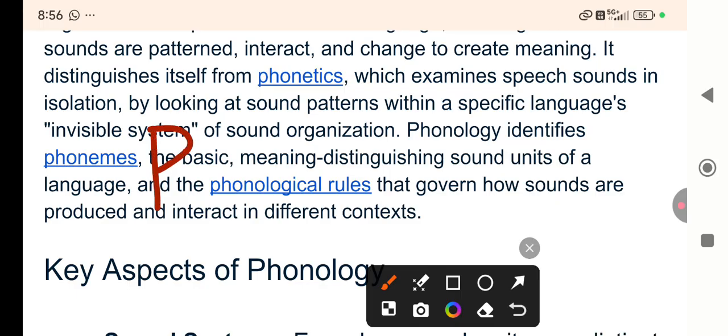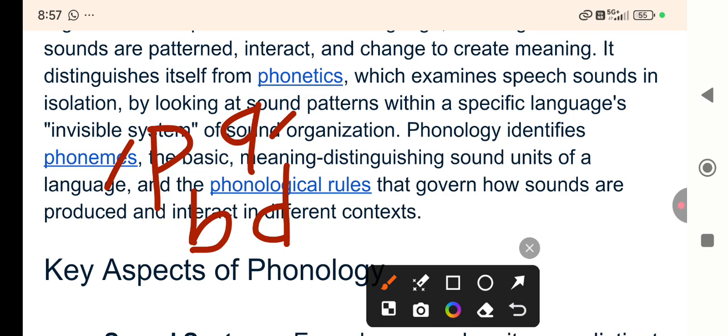The best example is this one, right? So phonology identifies phonemes. These all are phonemes, the basic meaning distinguishing sound units of a language, because this is different from this one.